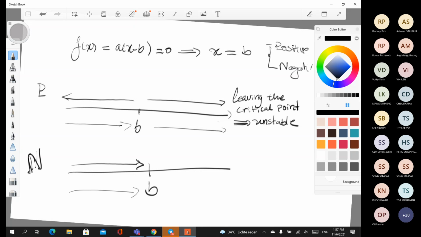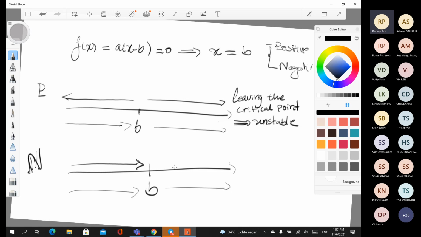And from here to here, let me show you again. If the value is less than b, it always produces positive, and if it is greater than b, it also produces positive.